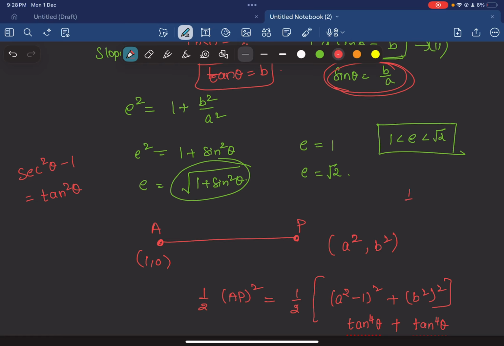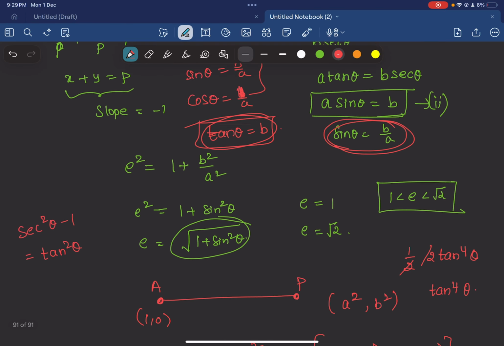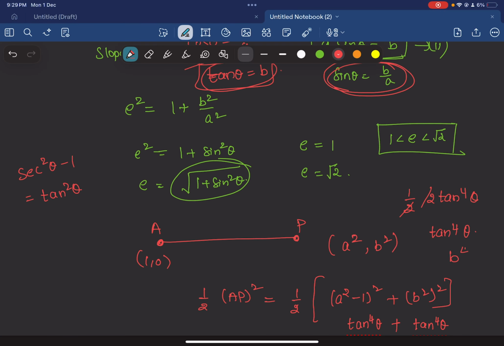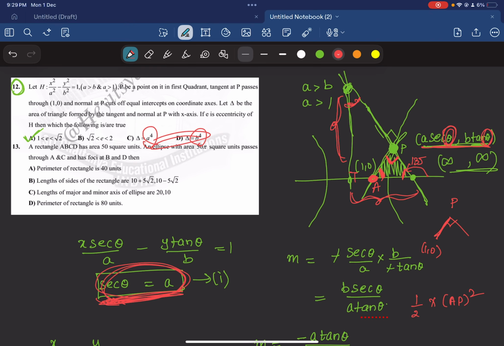So this is simply half into 2 tan power 4 theta. This and this will get cancelled. So this is simply tan to the power 4 theta. But tan theta is equal to b, so tan power 4 theta will be b to the power 4. Therefore your area of the triangle is simply b to the power 4. I hope I am clear.